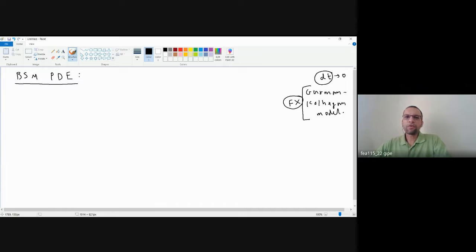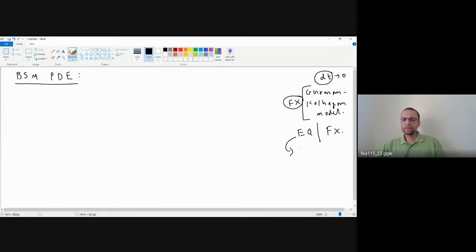So can you think of one change which would be required for FX? Something which doesn't exist for equities. Think from an asset price evolution perspective. Something which you would not find in equities, but something which is there in FX price modeling.